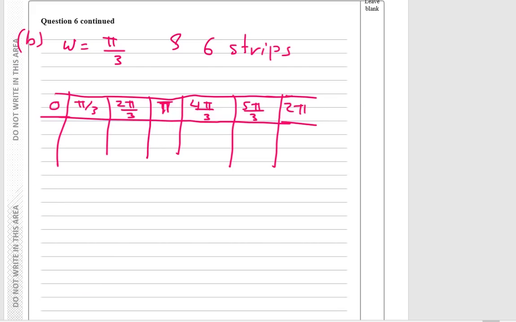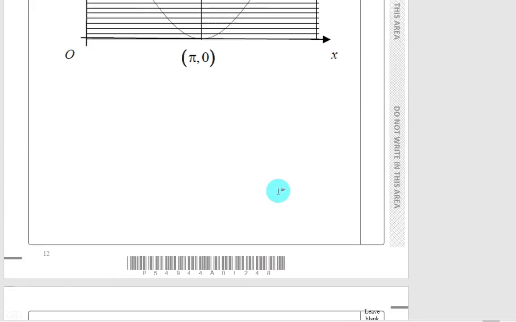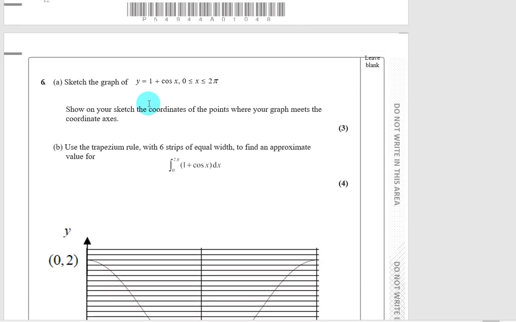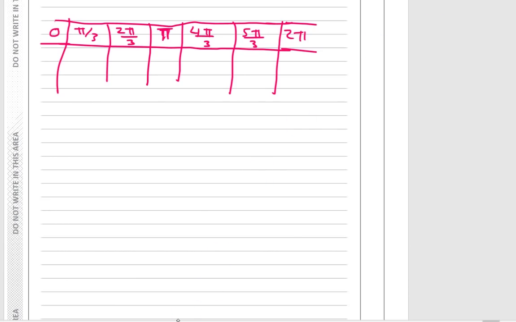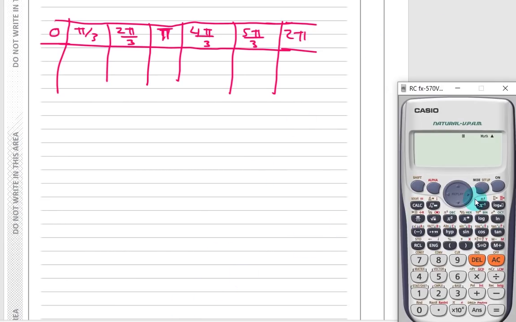Let us see why. Y is equal, according to the equation up here, y is equal to 1 plus cosine x. So let us change now the calculator to radian, and now 1 plus cosine, let us start with 0. Cosine 0 will equal to 1, so the first answer here is 2.